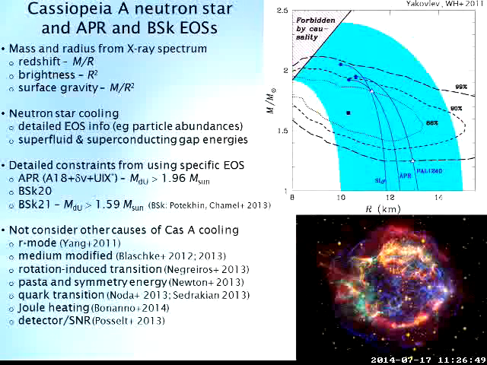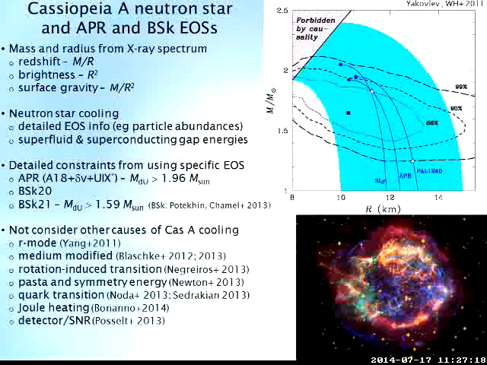In order for me to calculate a cooling curve to match the observations, I need to take an actual equation of state. I can't just assume some mass and radius and get the cooling. I need an actual model. So the three available to me are APR, BSk20, and BSk21.